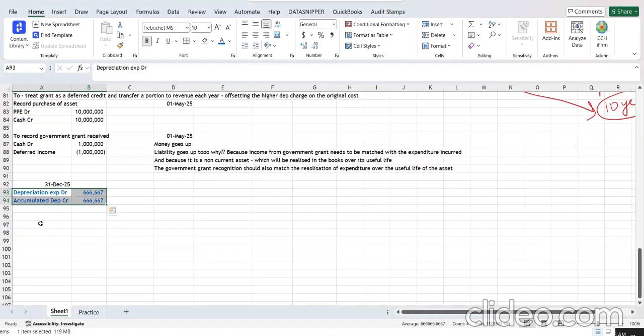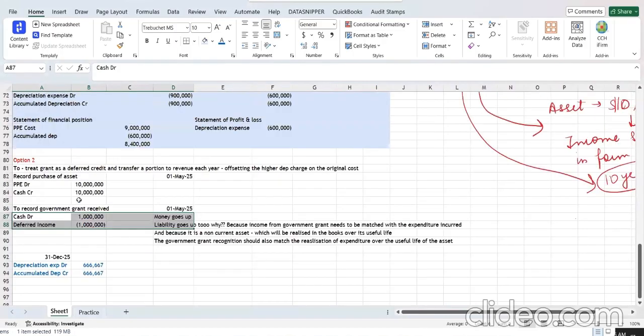And now, guys, you know that PP&E was my asset, cash was credited, and then for PP&E, I have recorded my depreciation expense. And now, what about the liability that's sitting in my balance sheet? So now, because I have used my asset for 8 months, I have realized the depreciation expense on my asset for 8 months.